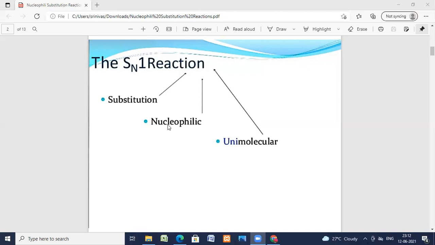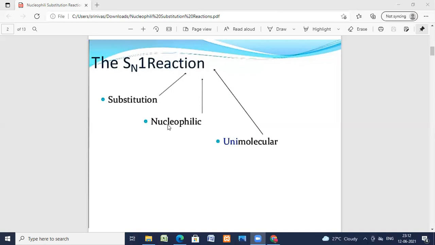As the nucleophile approaches the positively charged carbon atom in the alkyl halide, the halogen atom, along with the bond pair of electrons, moves away from the C-X bond and a new bond is formed between carbon and the nucleophile.